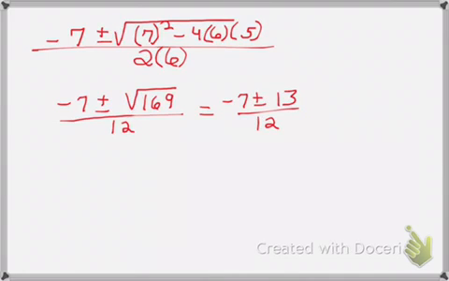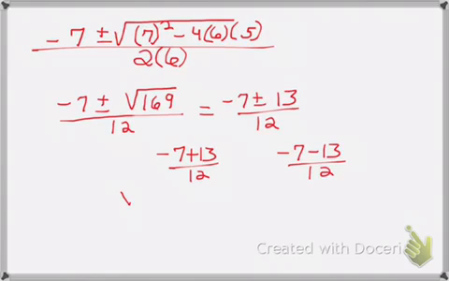Since I do not have a radical after finding the square root, I can actually split this up into -7 plus 13 and -7 minus 13, all over 12. So my roots will be -7 plus 13, which is 6 over 12, and -7 minus 13, which gives me -20 over 12.